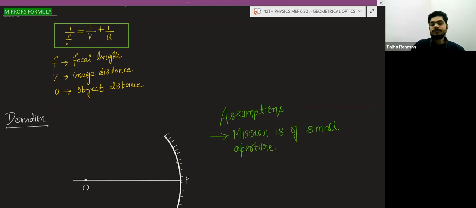This is the assumption: mirror of small aperture. And we know that for a mirror of small aperture, focal length is equal to r by 2.